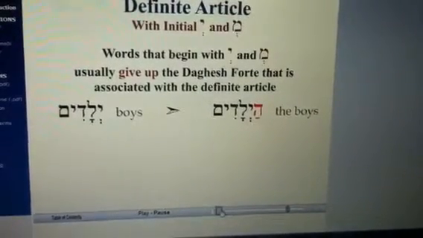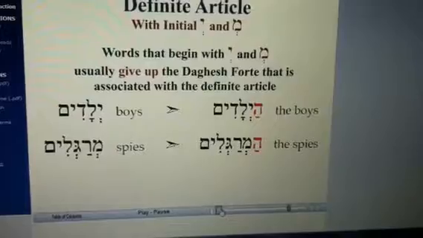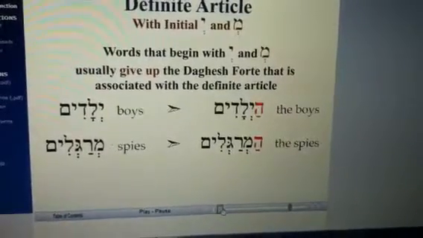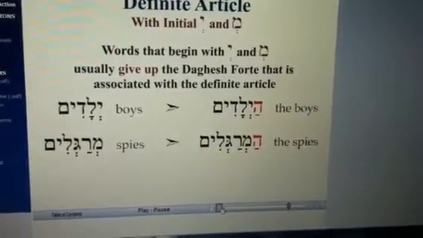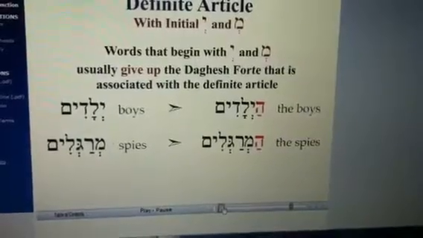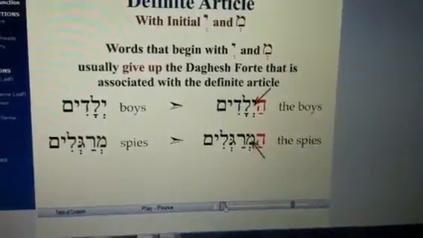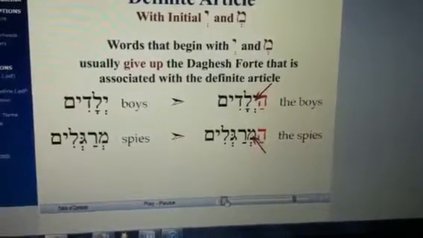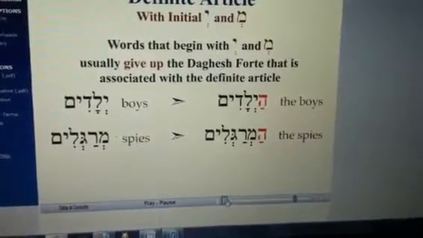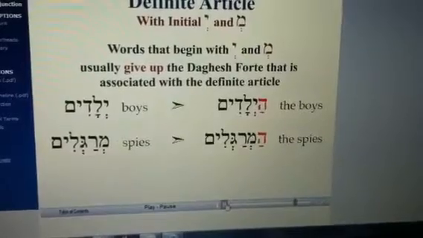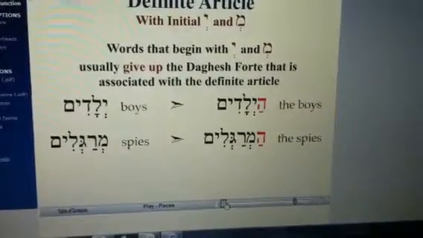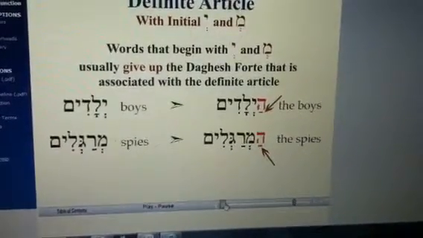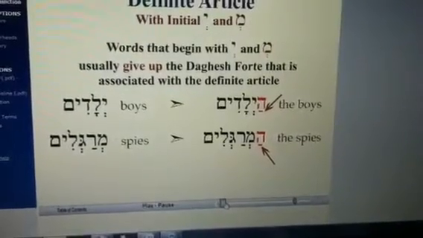Or the word for spies, meraggelim, becomes ha-mraggelim, the spies. In both instances, the dagesh forte is given up in the initial consonant of the noun. But the patach vowel, the short A vowel, is not lengthened.